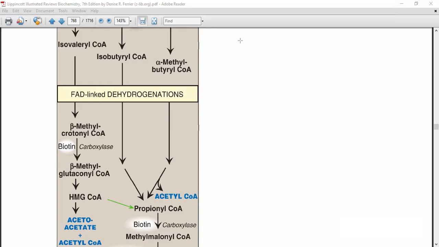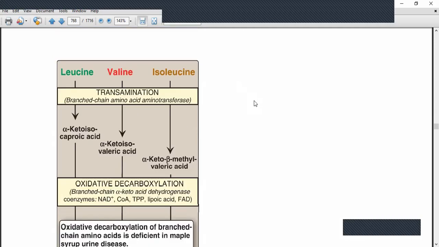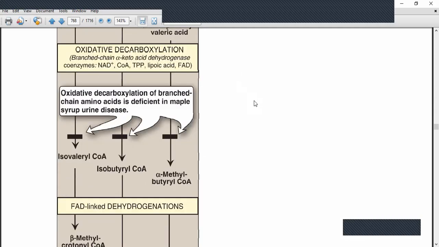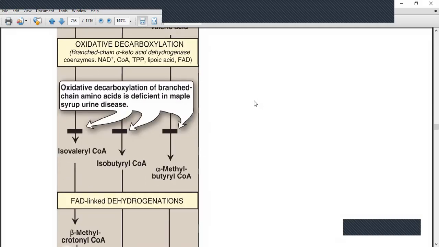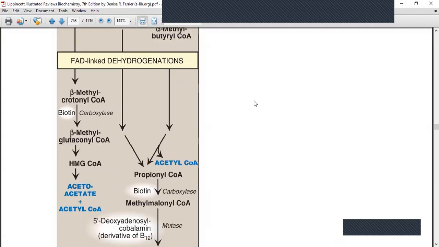Okay, then let's look at isoleucine. Isoleucine, on the other hand, I've said is both, and I will show you why. Isoleucine, after forming its acyl CoA, which is the alpha methyl butyryl CoA, and undergoing dehydrogenations, will give rise to two products, as you can see here.